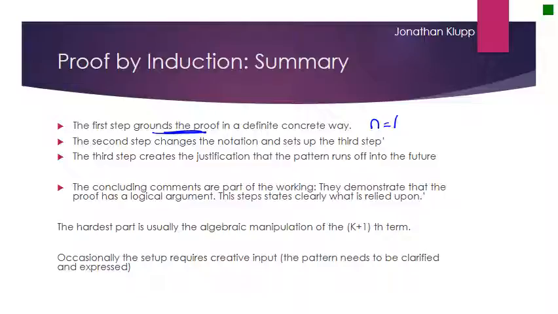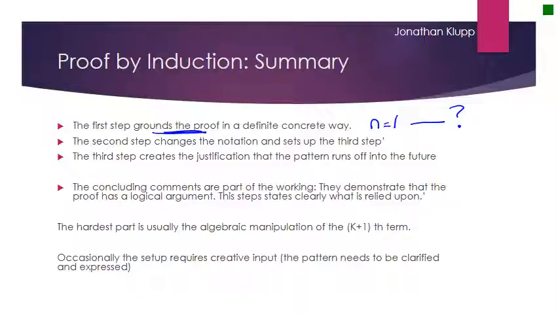Without this step, the assumed n equals k and shown true n equals k plus 1 are just floating in space. They can't be used to claim the second, the third, the fifth, the sixth, the seventh, because we've got no concrete evidence that anything in the first instance has been proven. We've assumed n equals k, but that's not satisfactory enough. We need to know that something's true.